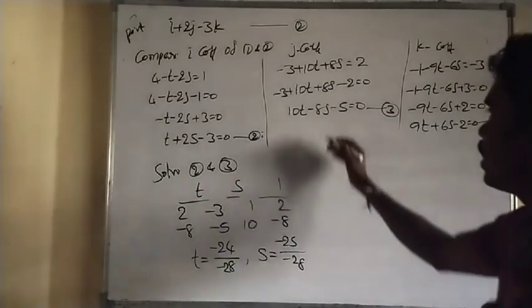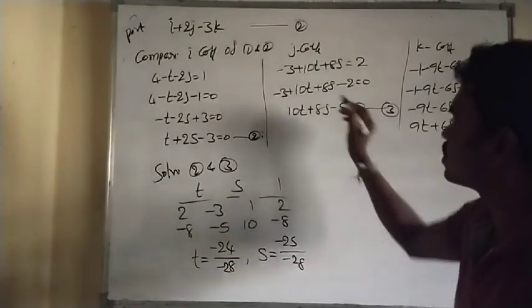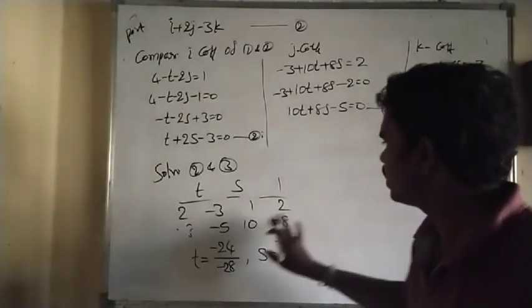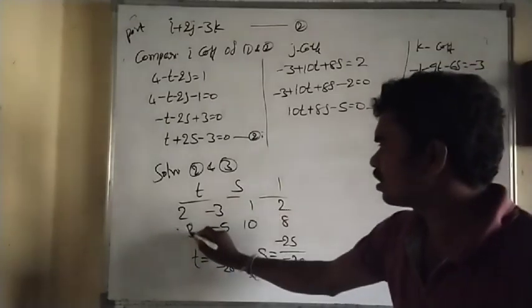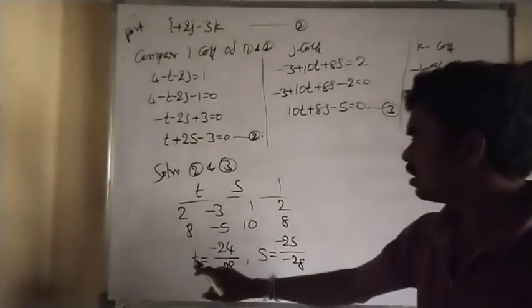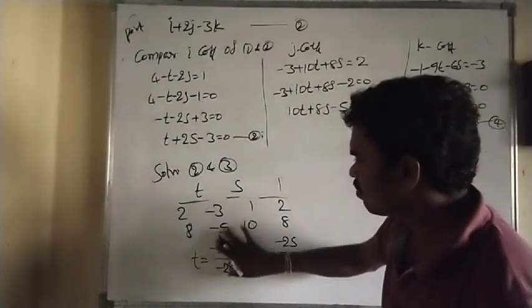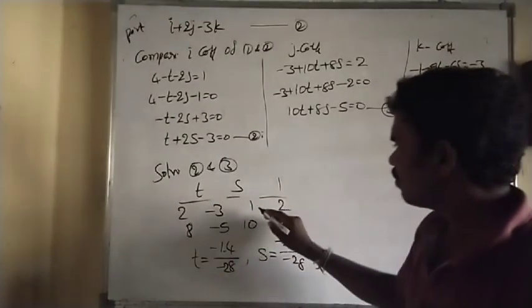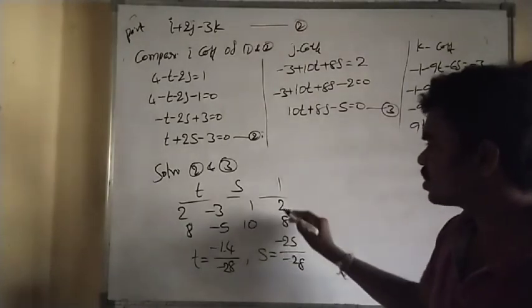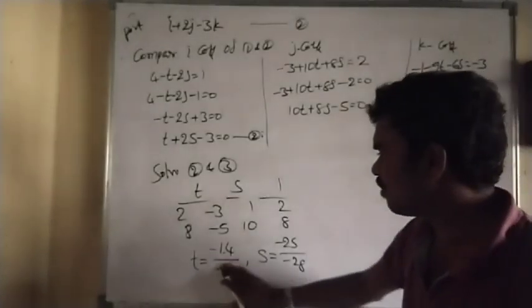Sorry, here this is 20 plus 8s. So we get minus 8 plus 8, then it becomes minus 10. Plus 24 becomes minus 14. By 1 into 8, 8 minus 20, so minus 12 we get.